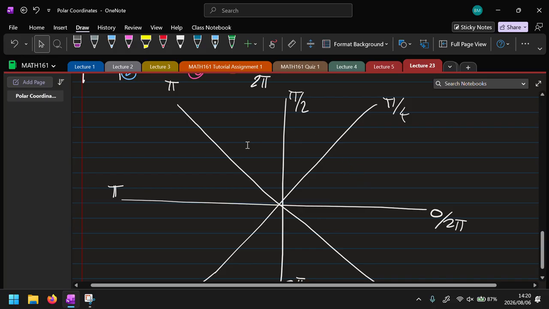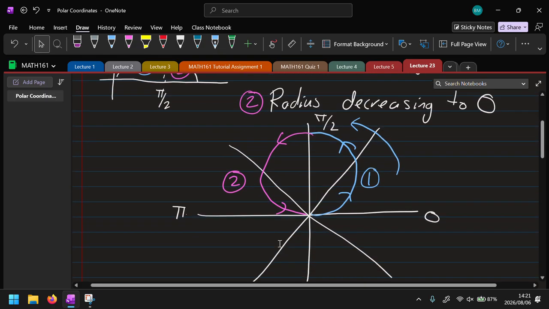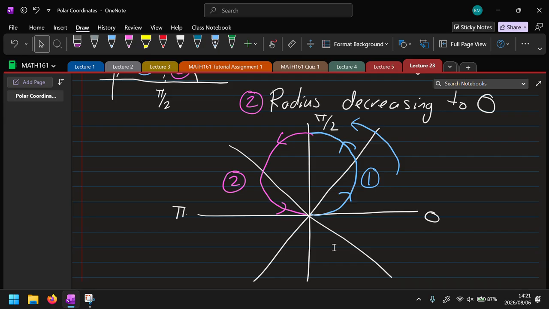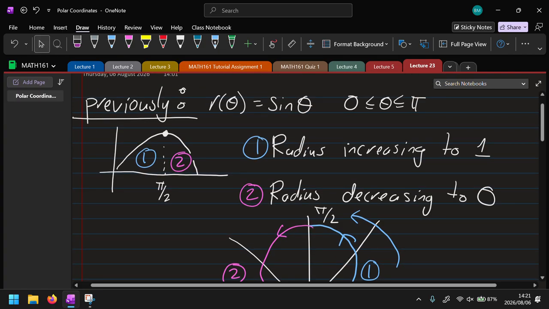Which means each piece is going to be in one of these pizza slices. Exactly the same as what we did here. Here we didn't need these diagonal lines. It helped with putting in the points, but we don't need them. We could have just done from 0 to pi over 2, and then pi over 2 to pi. 2 pieces, right? Because we chopped it up into 2 pieces.